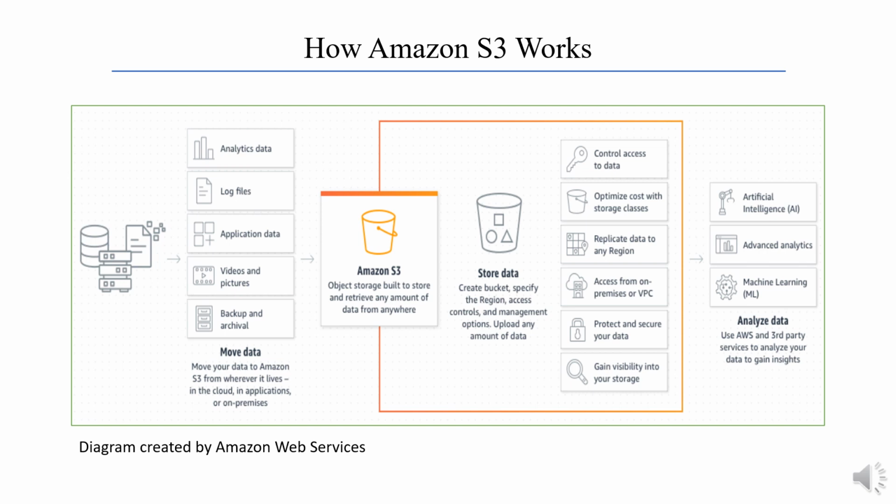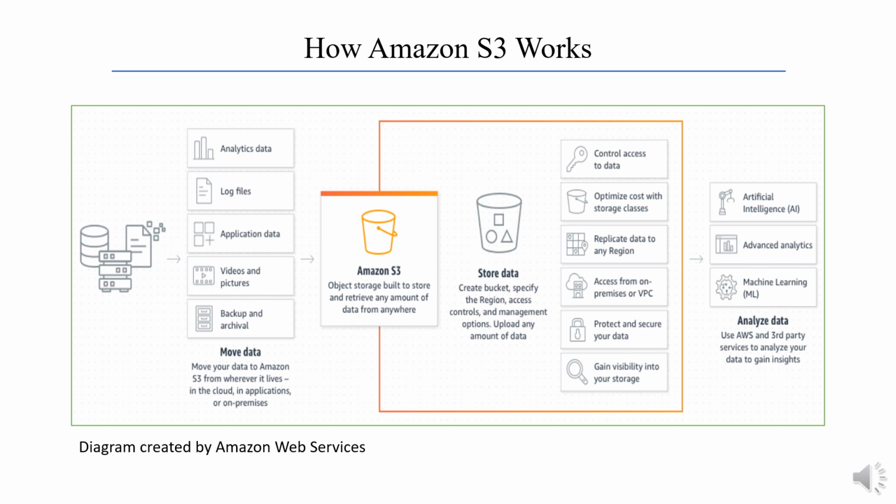The first section says, move your data to Amazon S3 from wherever it lives, in the cloud, in applications, or on premises. Nearby icons show different types of data: analytics data, log files, application data, video and pictures, and backup and archival.